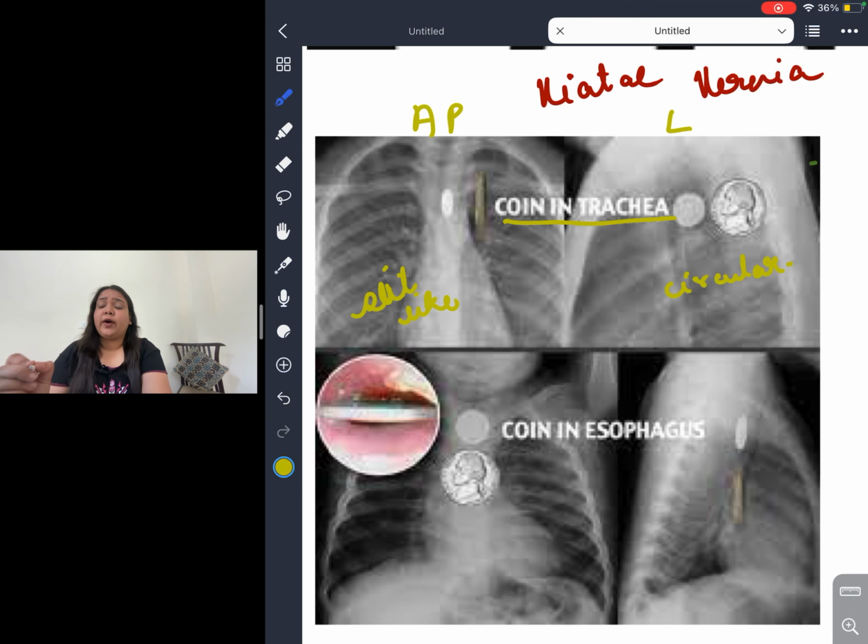And if a coin is in your esophagus, then in the anterior posterior view it will be circular, and in the lateral view it will be slit like. So this is how you can differentiate whether the coin is in the trachea or the esophagus. In the anterior posterior view, if the coin is in the trachea it will be slit like, but if it is in the esophagus, in the anterior posterior view it will be circular. In the lateral view, it will be circular in the trachea, and in the esophagus it will be slit like.